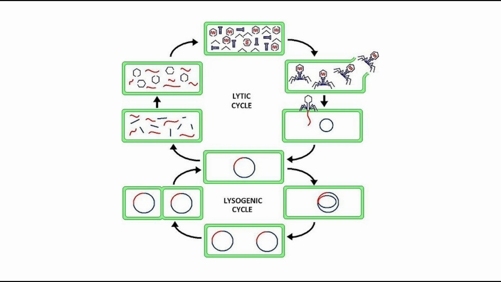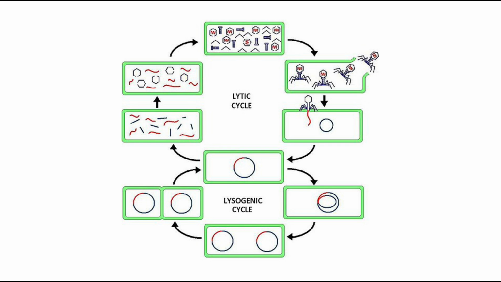So, lytic versus lysogenic, if we compare the features we have seen: the lytic cycle is a virulent type of phage, whereas the lysogenic cycle is a temperate type of phage. The host cell fate is destroyed in the lytic cycle, whereas it survives initially in the lysogenic cycle.